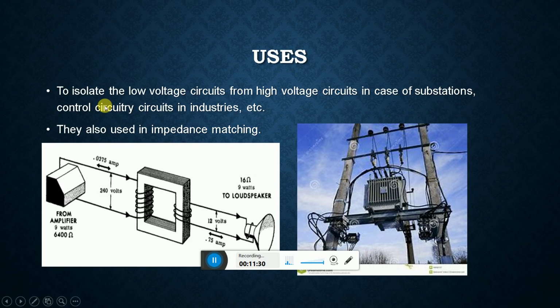If you see this diagram, when you speak into a mic, the amplifier amplifies your voice and gives it to the transformer, which helps to tune your voltage as you turn the mic off and on. The second diagram represents the transformer of every village. You can see it in your own village also.